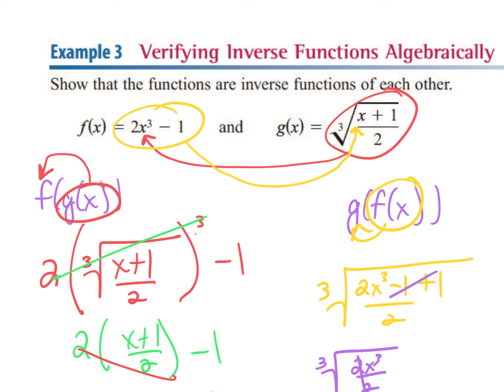Dividing by 2. In the f function you were cubing it, in the g function you were cube rooting it. In the f function you subtracted 1, in the g function you added 1. You guys see that? Sometimes that's a good way to just kind of check. Like when you algebraically find the inverse, you can check the original versus your inverse and be like, oh, okay, yeah, everything was the opposite.